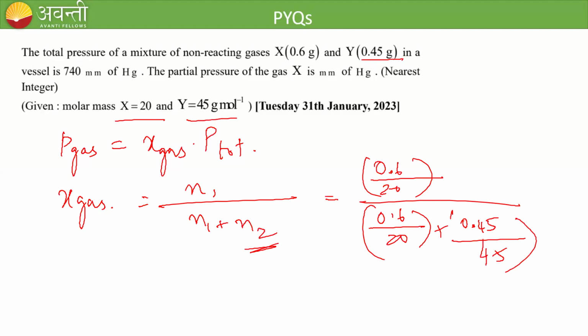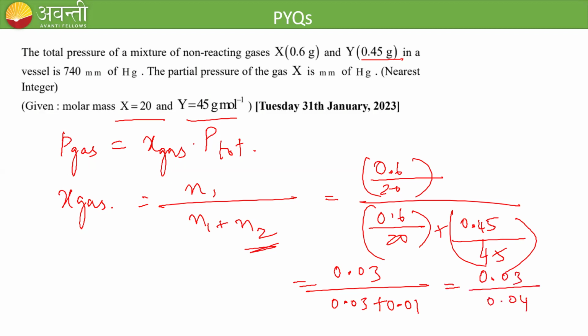Now it will be equal to 0.03 divided by 0.03 plus 0.01, which is equal to 0.03 divided by 0.04, which is equal to 0.75.